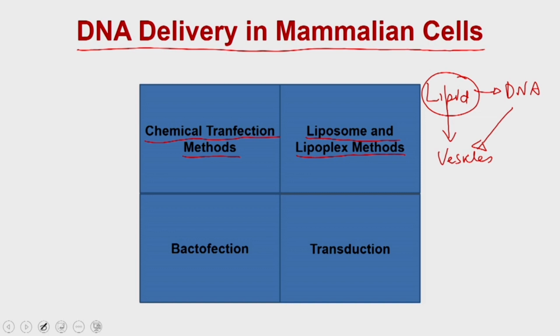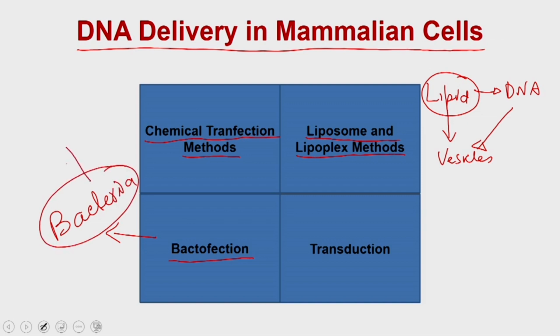The third approach is called bactofection. In bactofection you use the bacteria as a vector or as a source to deliver the DNA into the mammalian host. Similarly, the fourth approach is called transduction.